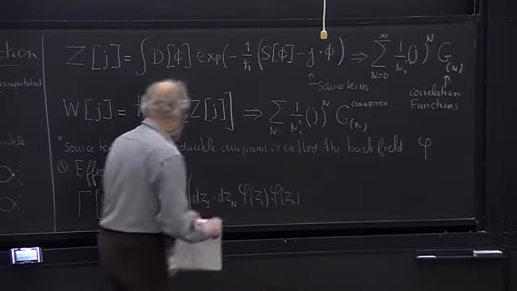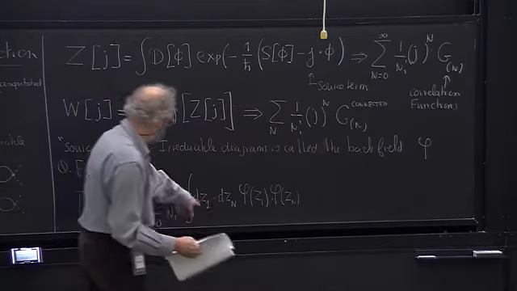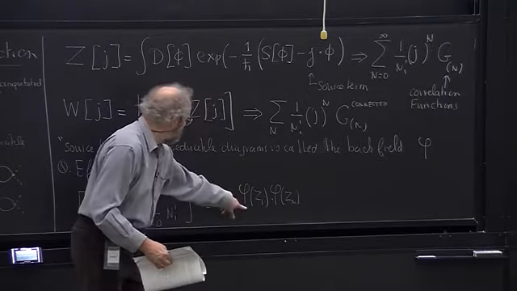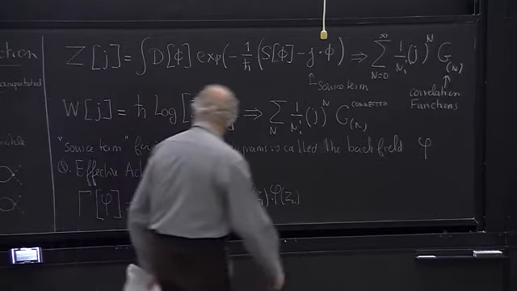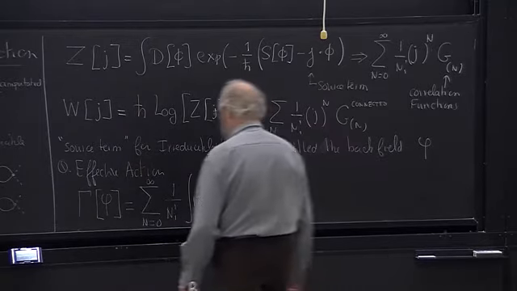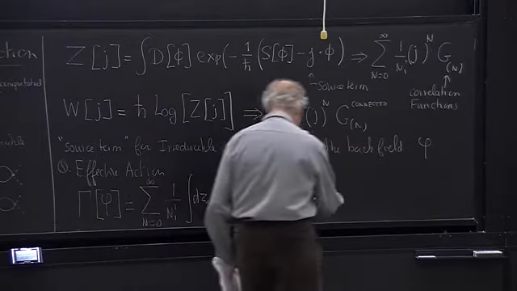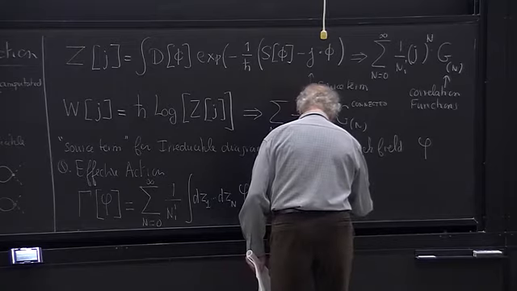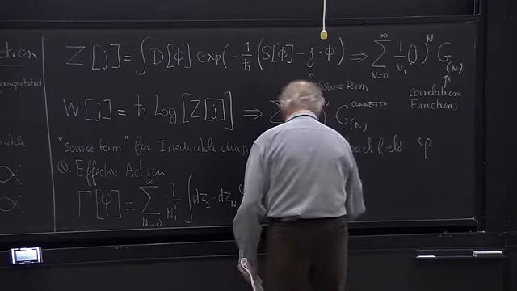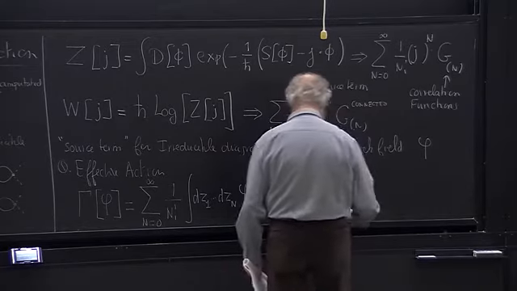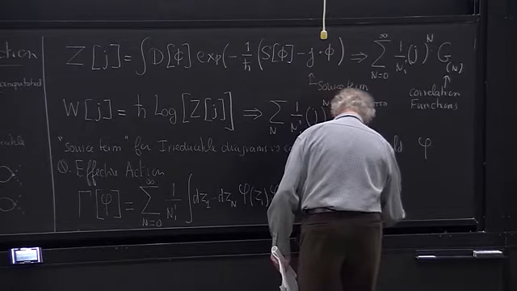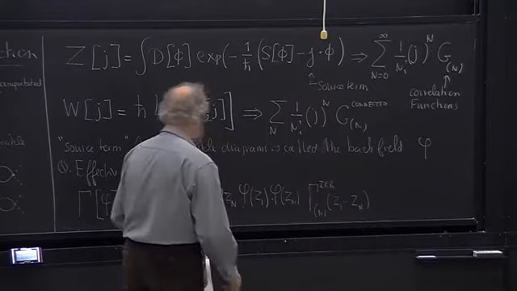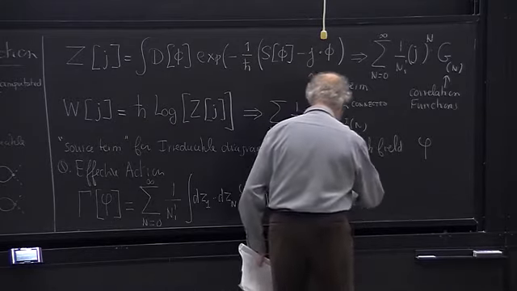Okay? And the coefficient in front of this Taylor expansion in phi is just the object that I called the irreducible function, gamma irreducible, with endpoints z1 to zn, where this is the irreducible n-point function.